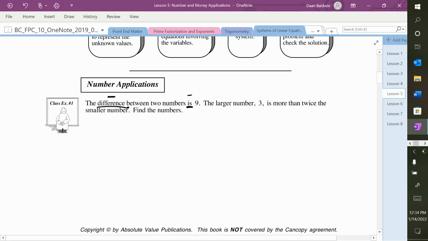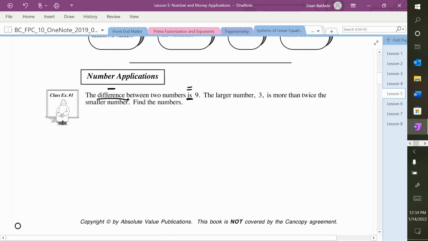That's exactly 9. So pick 2 variables. What variables do you want to use? X and Y? Okay. So we're going to do X and Y. It doesn't matter what variables you use. It's up to you. So we're going to say X is equal to the larger number and Y is equal to the smaller. It doesn't matter if you reverse them.